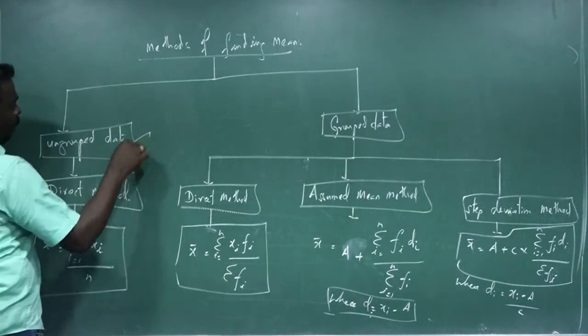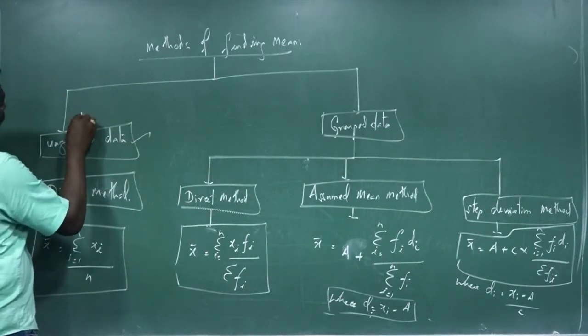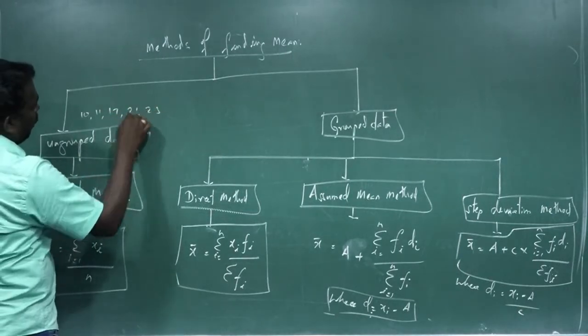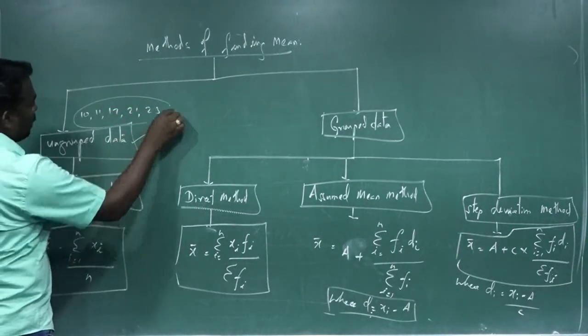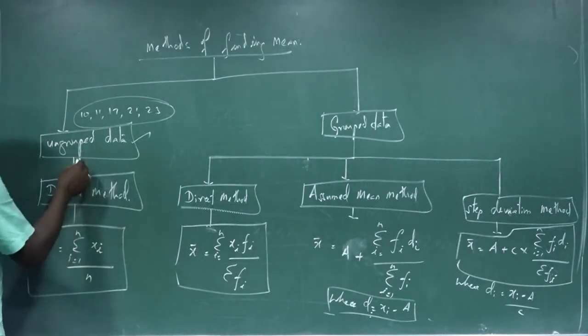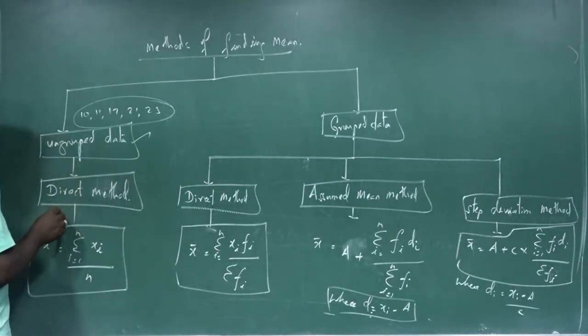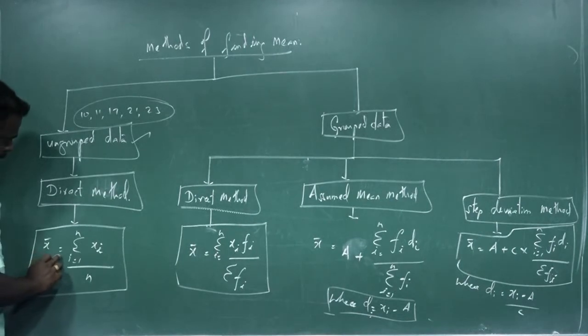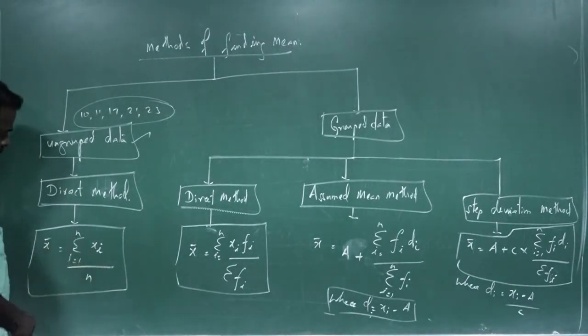Ungrouped data means, for example, you can take 10, 11, 17, 21, 23, and these are called ungrouped data. To find the mean of ungrouped data by the direct method, the arithmetic mean is defined by x bar equal to summation, i takes values 1 to n, xi, divided by n.